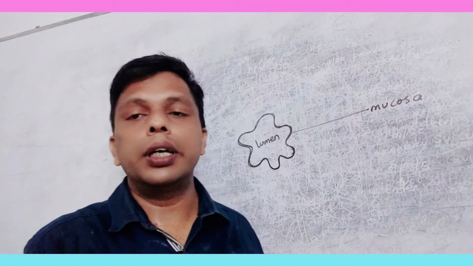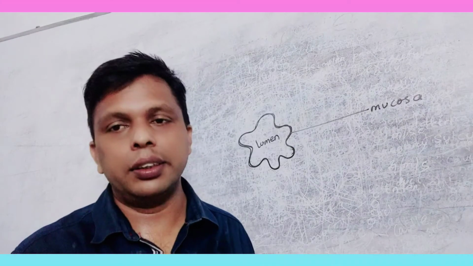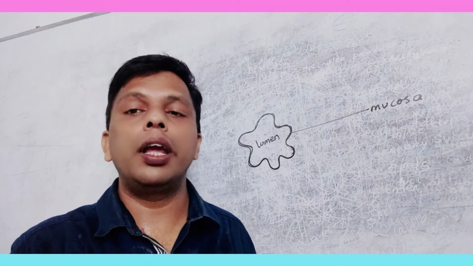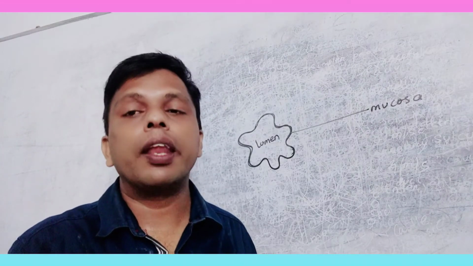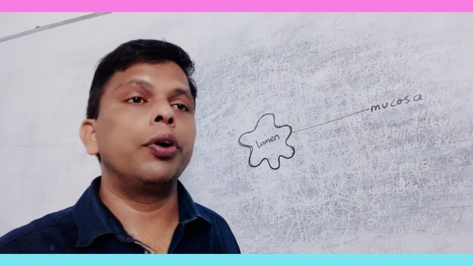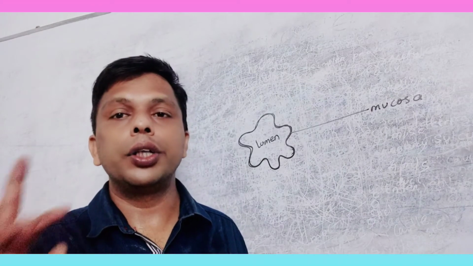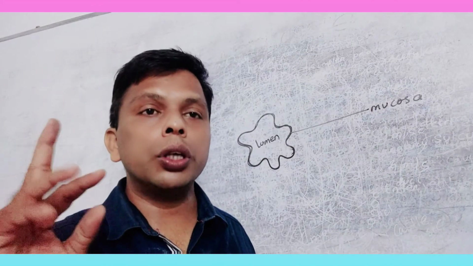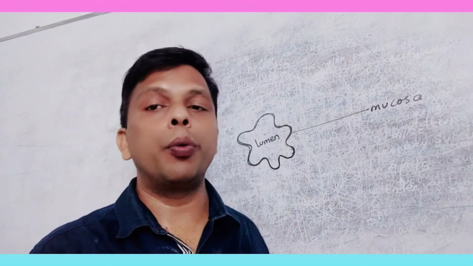What is mucosa? The layer producing mucus is called the mucosa. It is found in different parts: the respiratory system, the excretory system, the digestive system. It consists of an inner layer of loose connective tissue called the lamina propria.